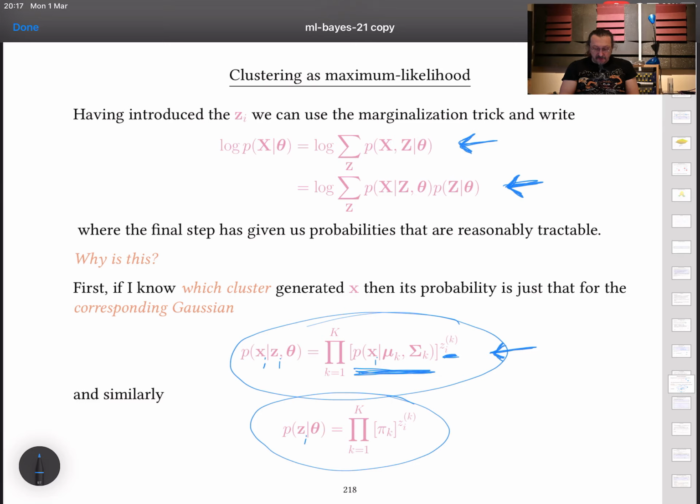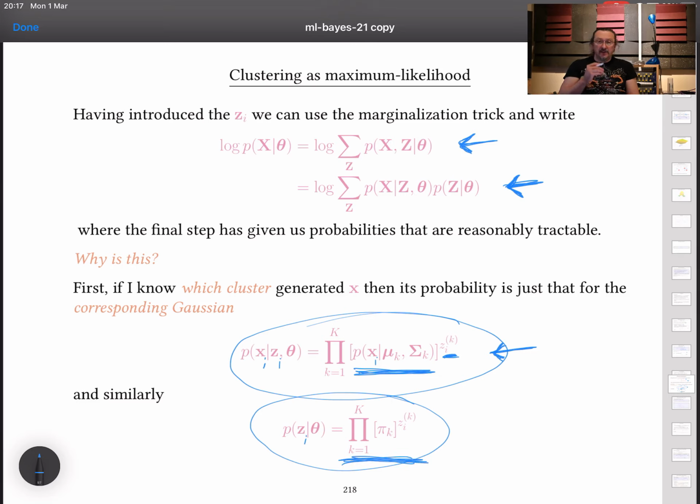And this expression is going to give me that, once again, because I've taken the product across all of the pi sub k values, but this is selecting just the one that I need. Okay, and multiplying those two guys together then gives me a probability for xi and zi, conditional on my parameters.